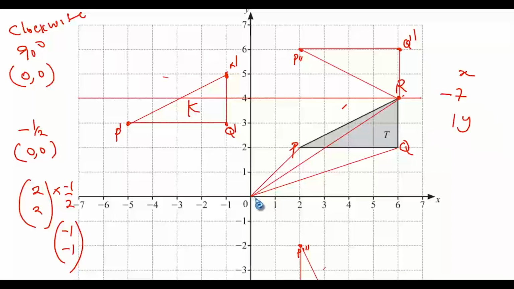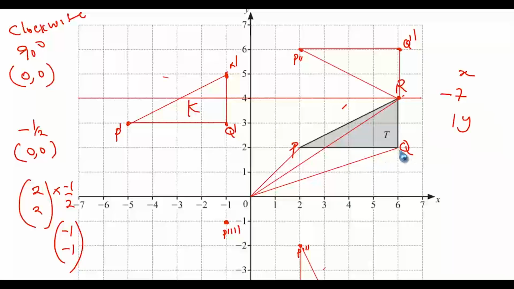For this we counted forward, so for this one we are going to count backward. For this we counted up, and for this we're going to count downward. Or you can just follow the sign here. Minus 1, you go to the left hand side, then minus 1, you go down. So let's count once. 1, then 1. So the image of point P will be here. Then we can call this P''''.